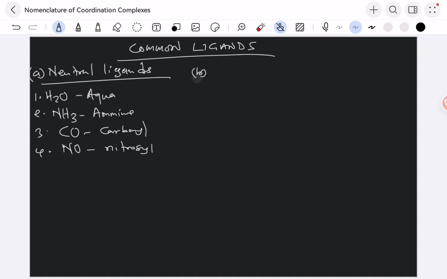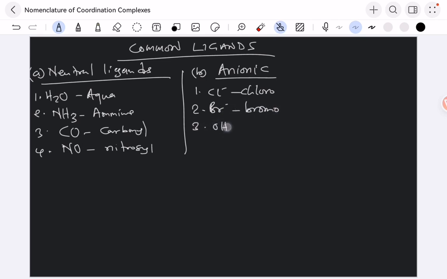Then we have ligands that are anionic in nature. The common ones are chloro, bromo, hydroxo, and cyano.